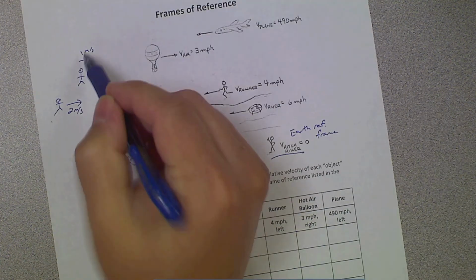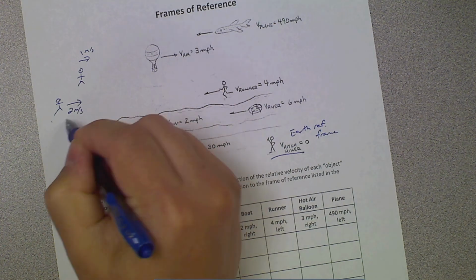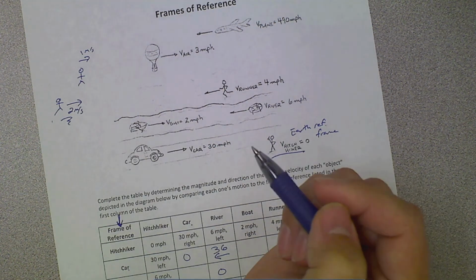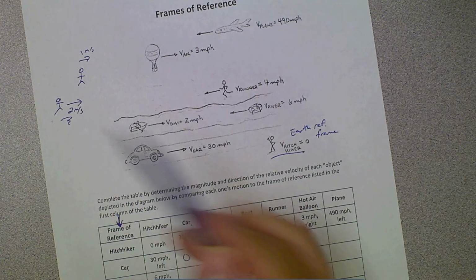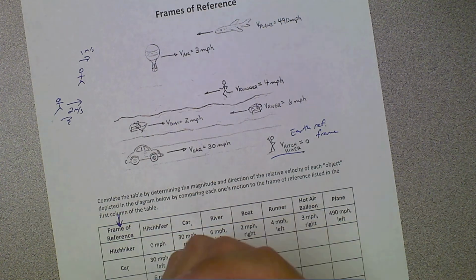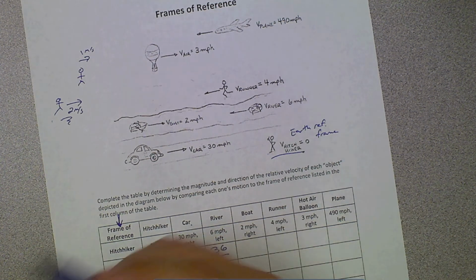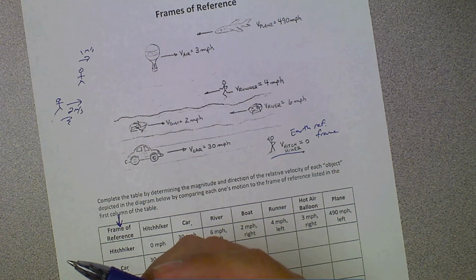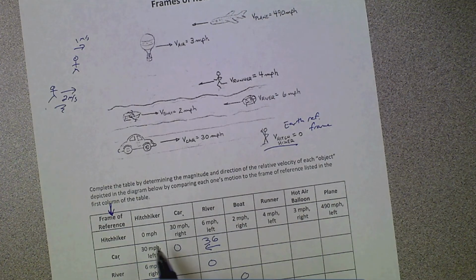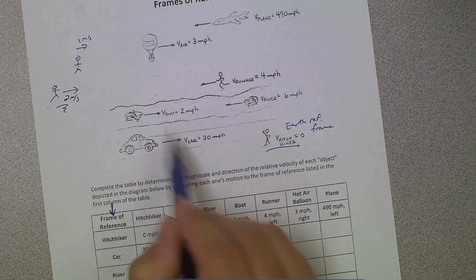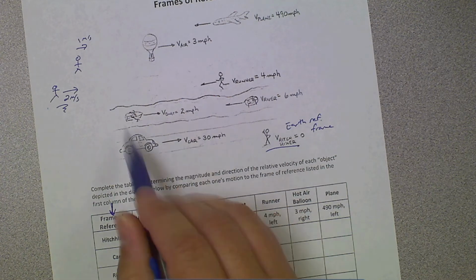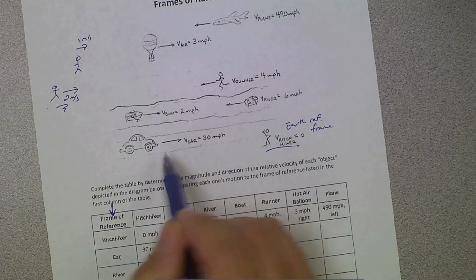So 1 of them cancels out and you're left with the 1 extra that this guy has. So in reality, when they're going the same direction, you can think of it as they subtract. So you're going to look slower when 2 things move in the same direction. So that car going 30, the boat going 2, the 2 of the boat gets canceled out, and so you're left with the car going 28.